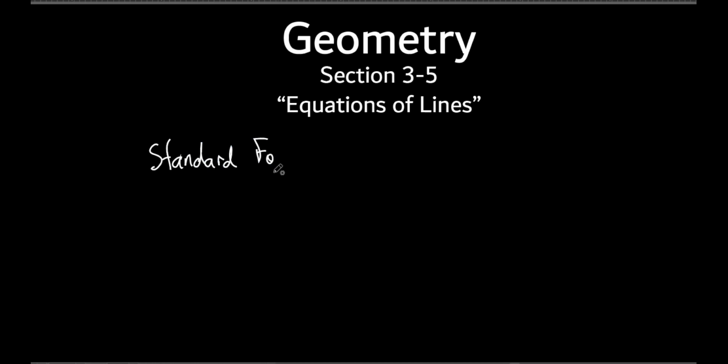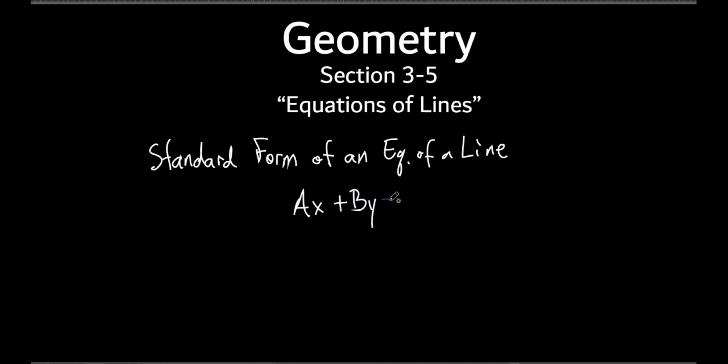So the standard form of an equation of a line, and here it is: AX plus BY equals C. Now, this may mean nothing to you right now, but we'll talk more about this a little bit later. We're going to kind of use this, but let's put this off for just a few minutes. We're going to come back to it.